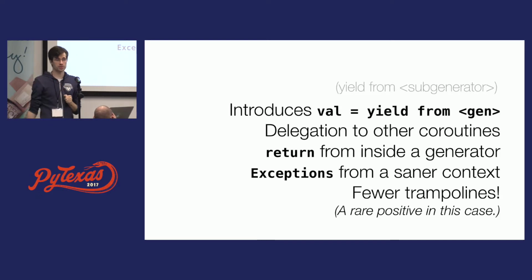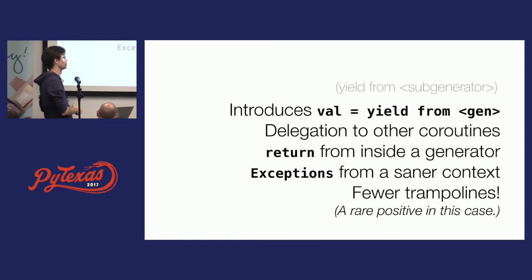We also got the return statement inside of generators, which is kind of nice because we, as a community, were building some funny little ways of returning a value out of a generator that you're iterating over, because you're yielding futures, and I need to let you know, no, this isn't a future, it's actually the value that's done. So we were raising exceptions, like raising a return value exception, to tell the outer code that the function is done, which does not make immediate sense.